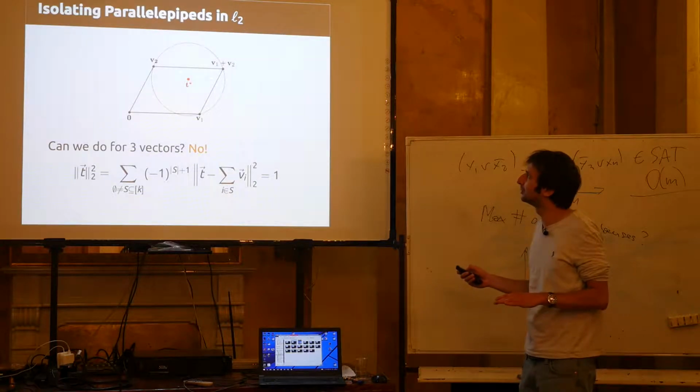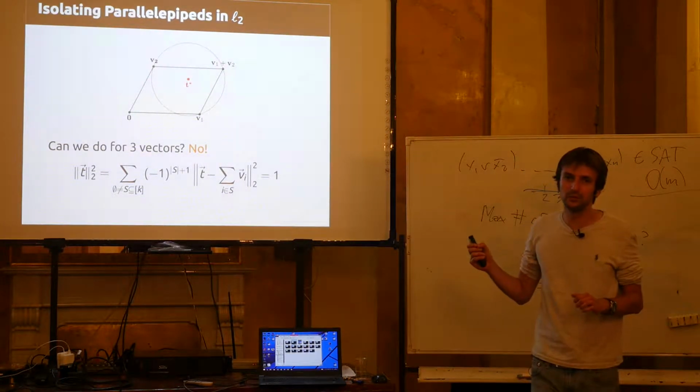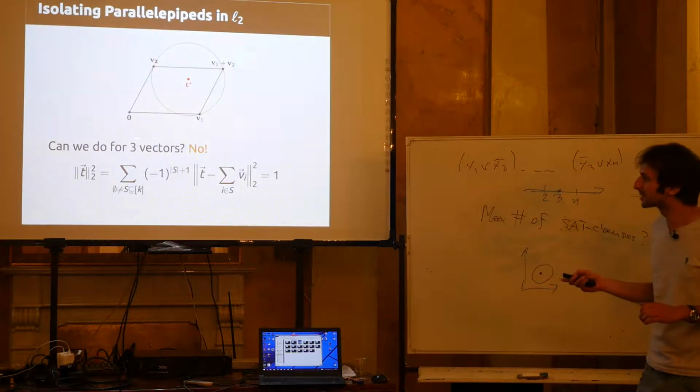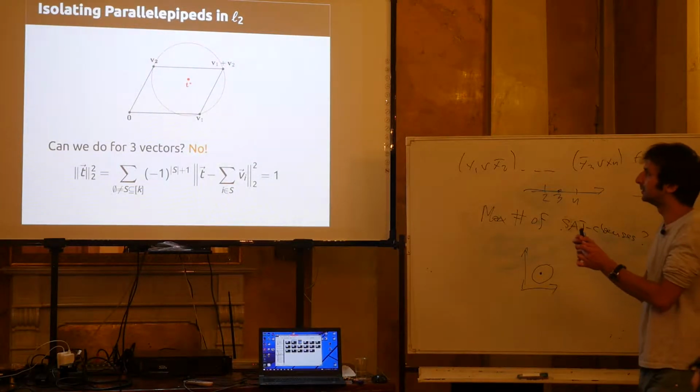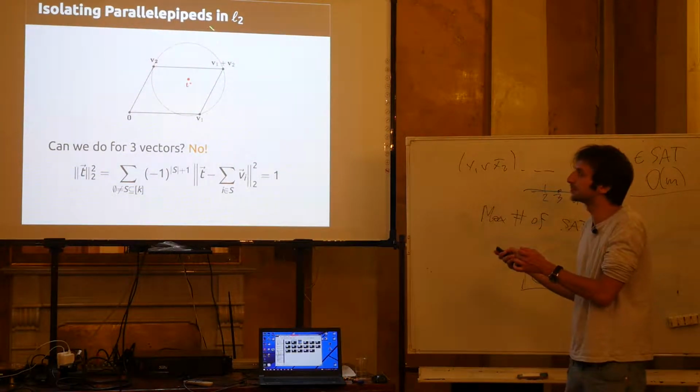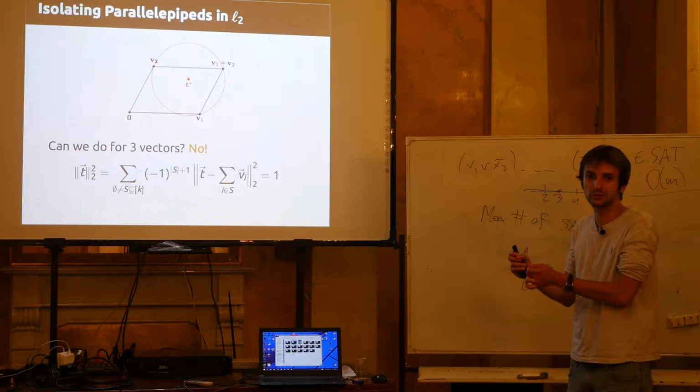And moreover, for every even integer p in the LP norm, basically by the same argument, you can only find an isolation parallelepiped in p dimensions, but not p plus 1.